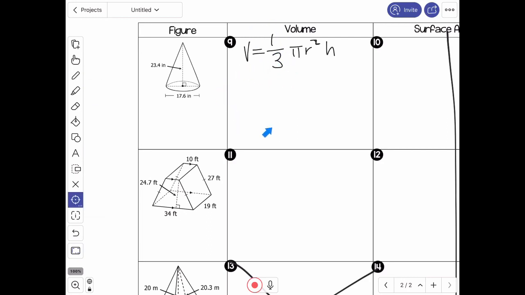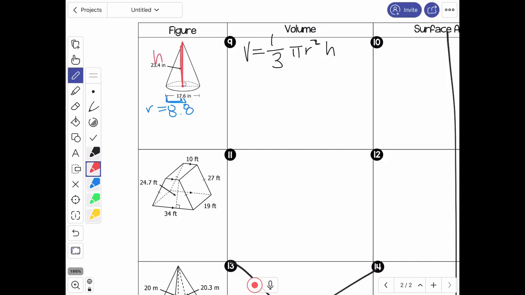So my radius is again going to be half the diameter, so I'm going to take half of 17.6 to get a radius of 8.8. And then my height is the height of the cone, which is already given to me here with that perpendicular line with the base.